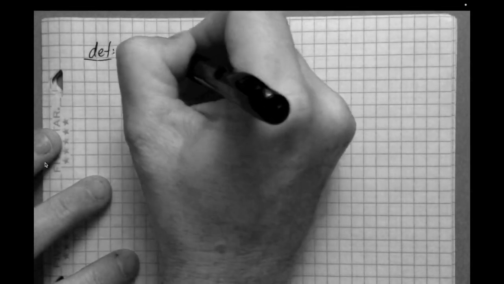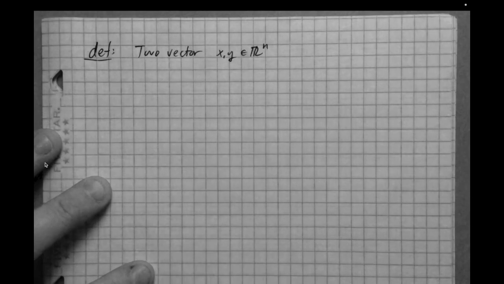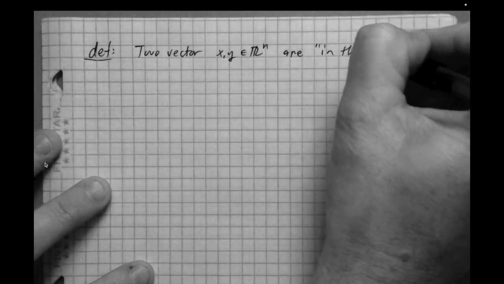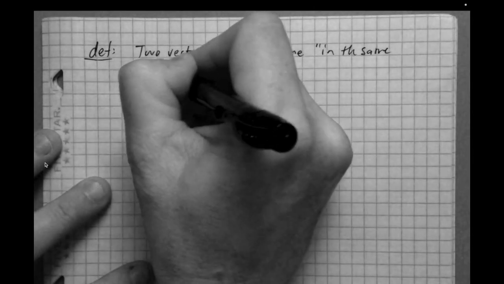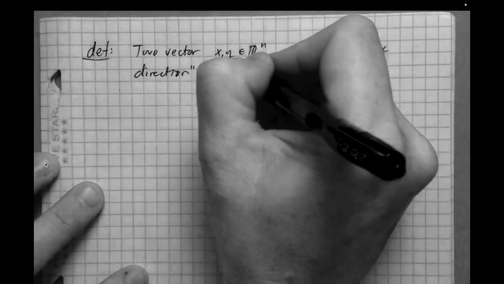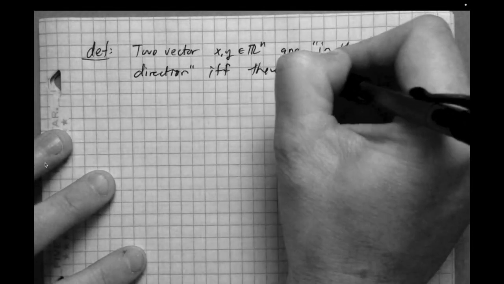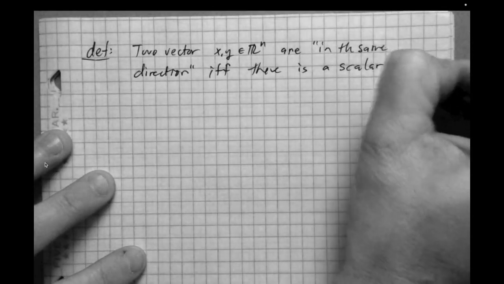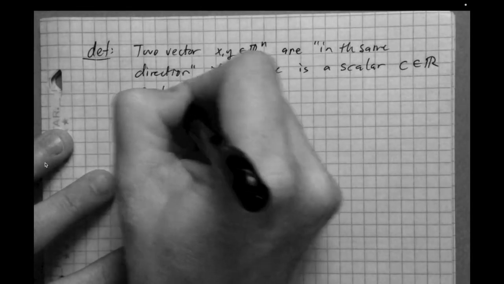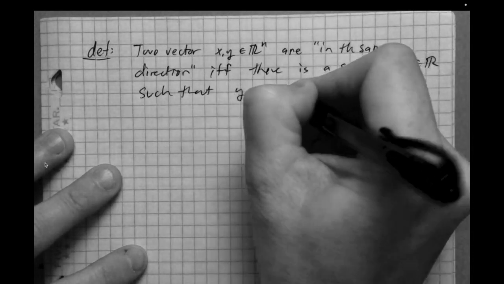Two vectors x and y in Rn are in the same direction if and only if there's a positive real number, a scalar c in R plus, such that y is equal to c times x.